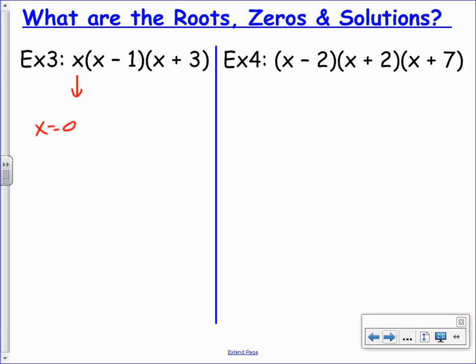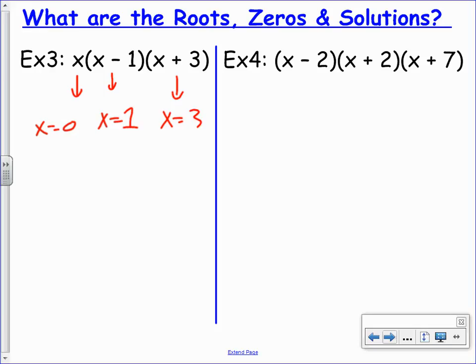If x is a factor, then automatically the root is x equals 0. 0 is a root, it just means it crosses at 0. The second one, x equals 1. And this one is x equals -3.